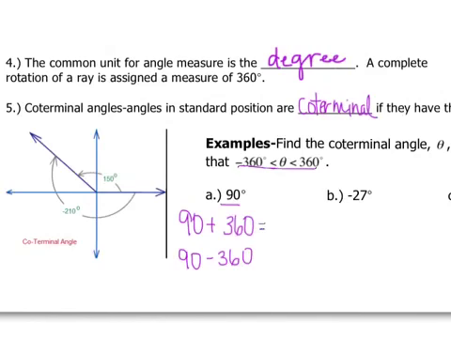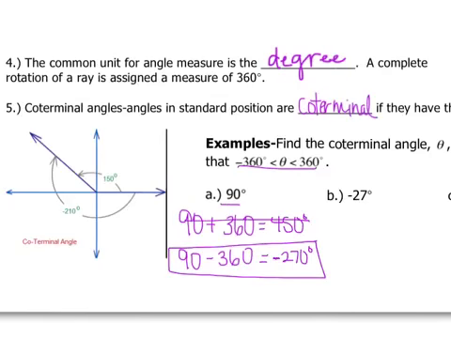So the problem with adding 360 would be that we're beyond our interval of positive to negative 360. So we're going to discard that angle measure, and we are going to take the other one. So the 90 minus 360 is a negative 270 degrees.